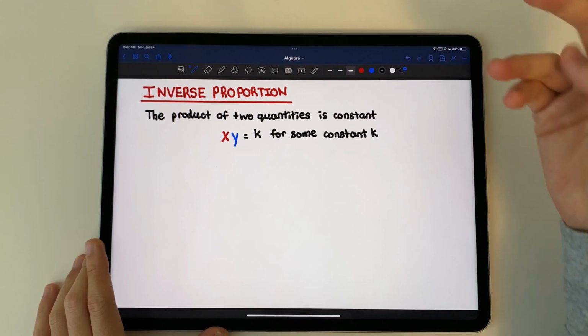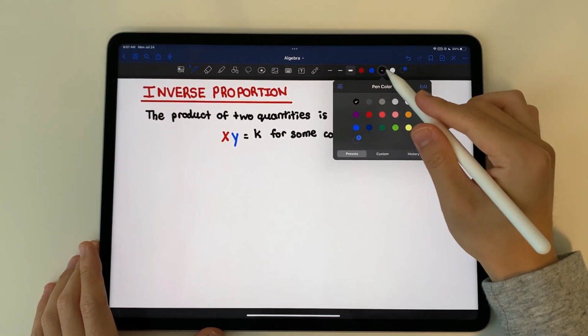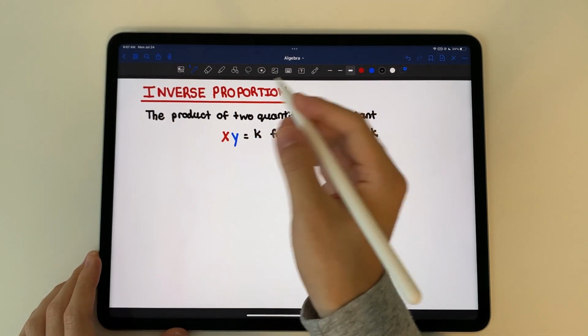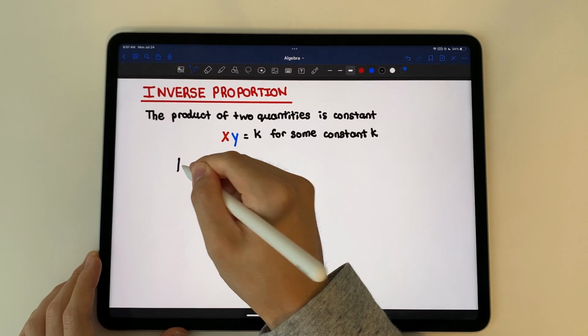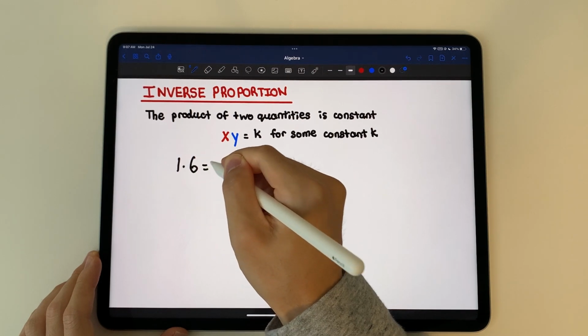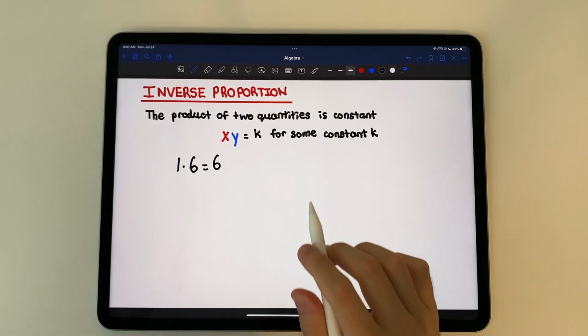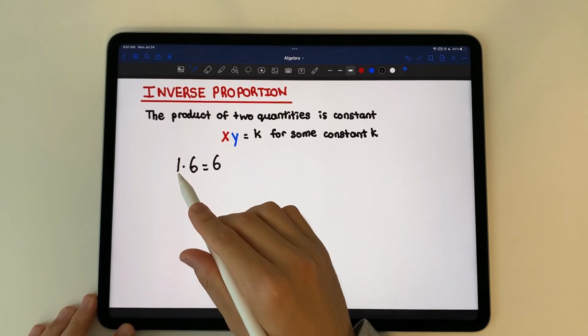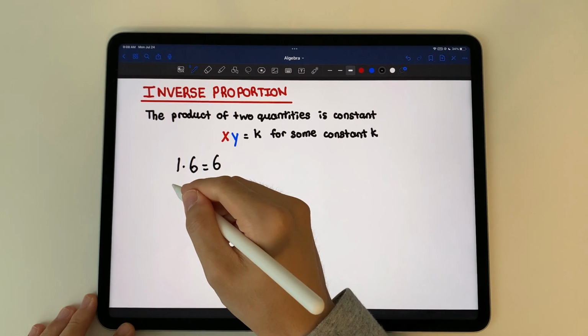So for example, let's say we had two numbers, 1 and 6. Well, 1 times 6 is equal to 6. Now let's say this 1 changed to a 2.